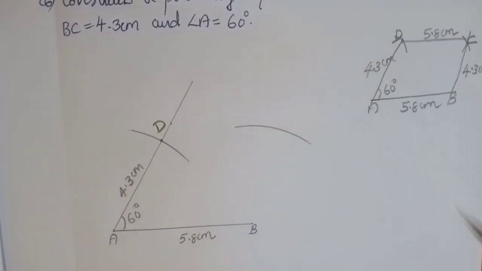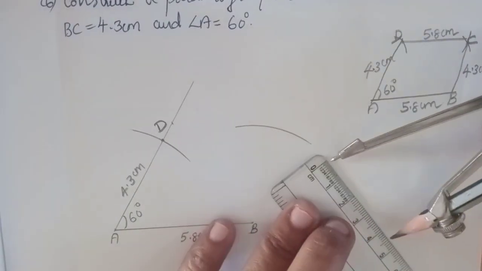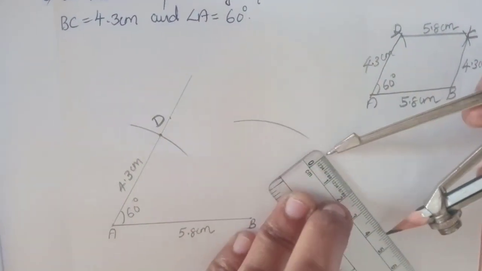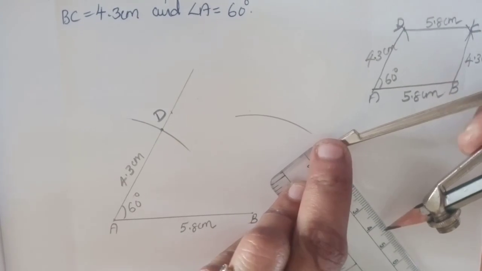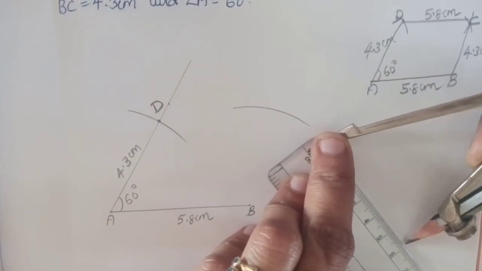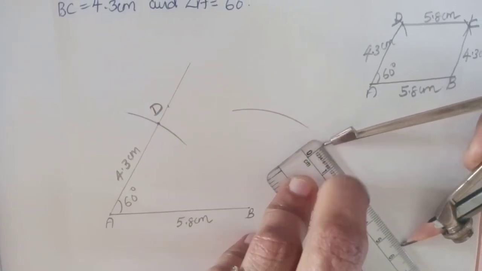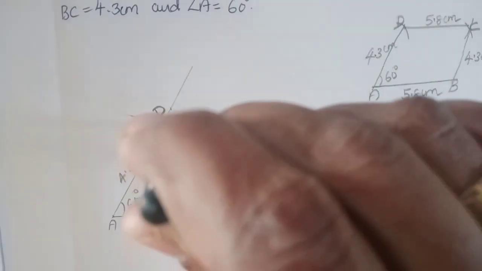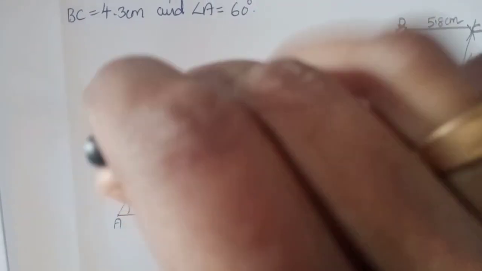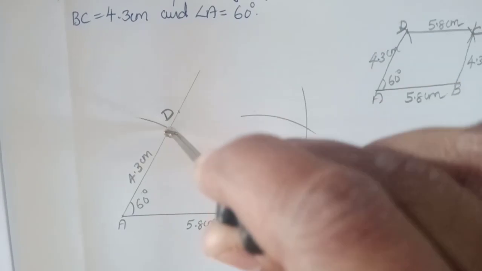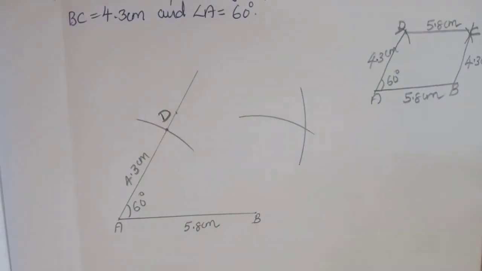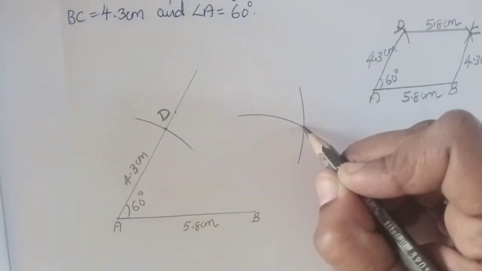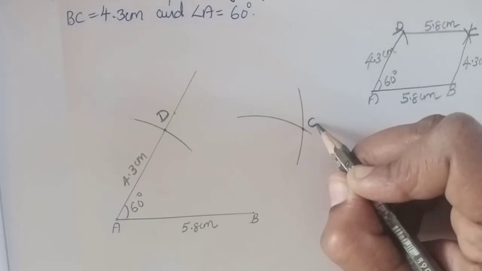So, taking 5.8 centimeter radius with D as center, draw one arc that cuts the previous arc. Mark the point of intersection as C.